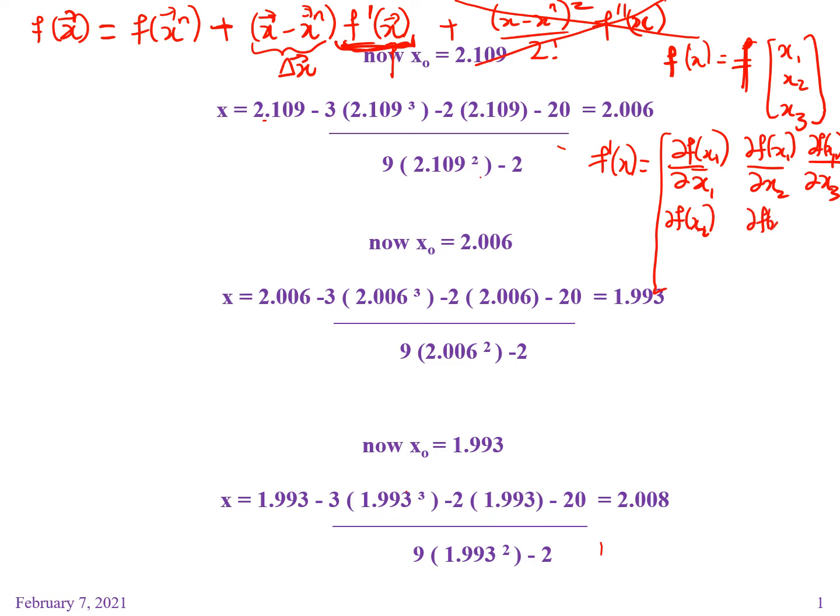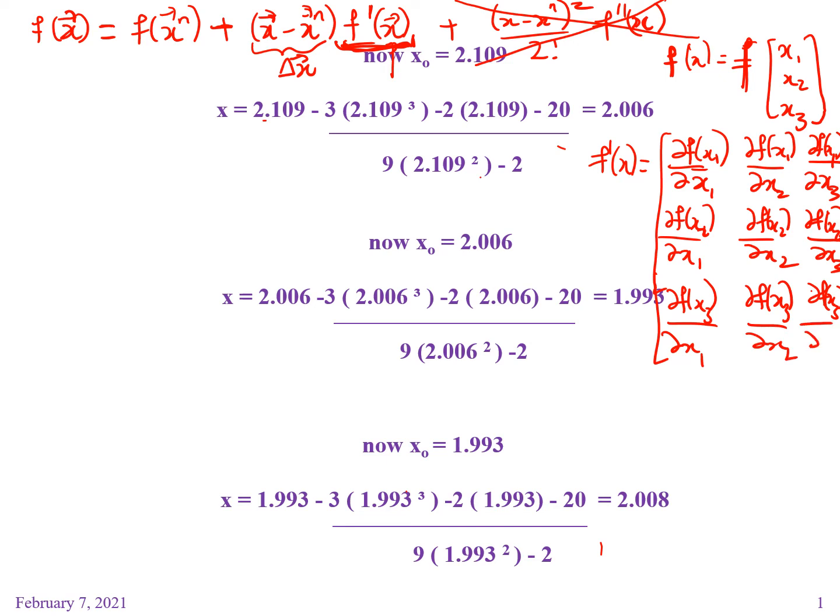You're differentiating x2 with respect to what? x1, x2, and x3. Finally, x3, right? You're differentiating f of x3 with respect to what? x1, x2, and x3. And this is a matrix of derivatives, which is called the Jacobian.